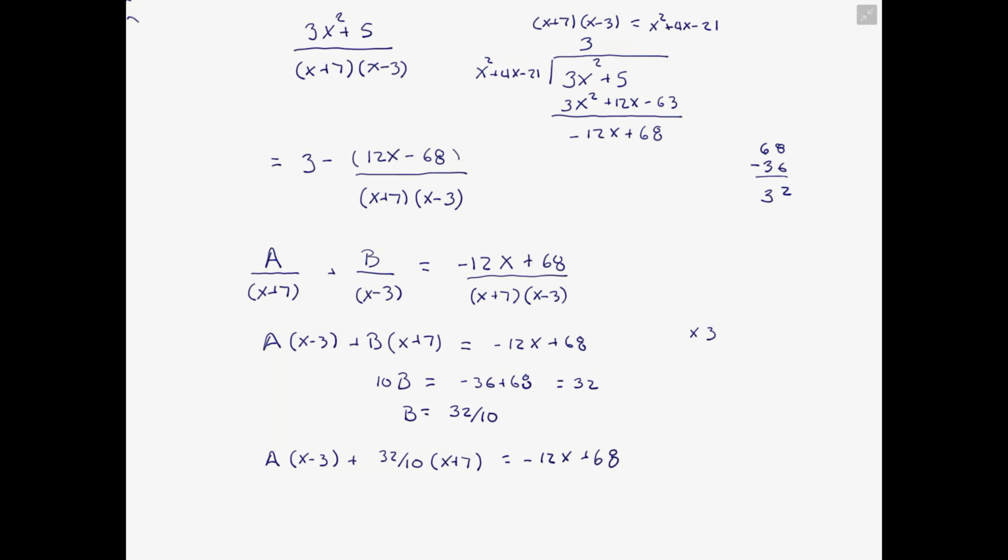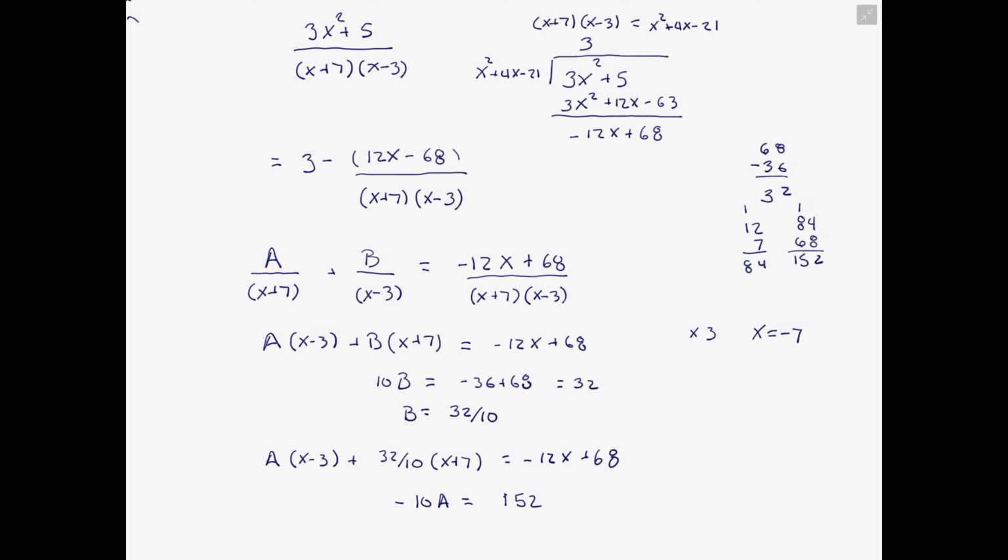Now, if we choose, my bad, if we choose x equals minus 7, we have, okay, 12 times 7, that's 84. 84 plus 68 is 152.